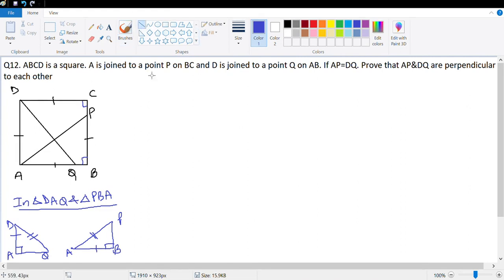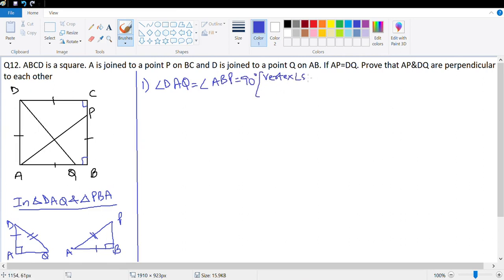So let's just write that down and see how it would help us. Number 1 would be angle DAQ is equal to angle ABP is equal to 90 degree. Vertex angles of a square. Next would be hypotenuse DQ is equal to hypotenuse AP.